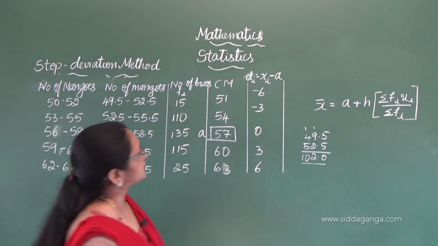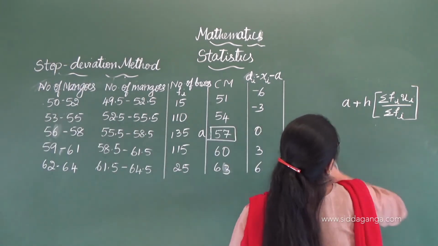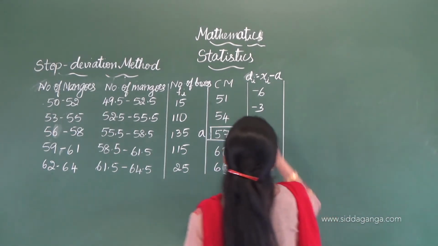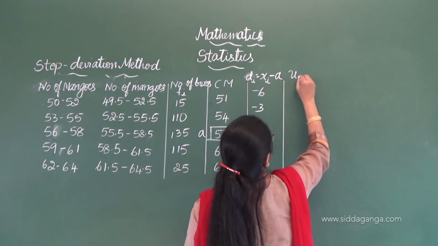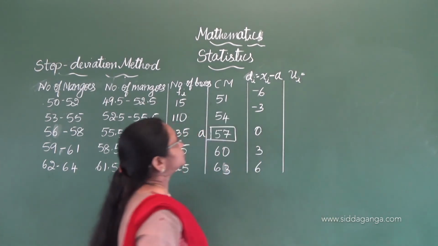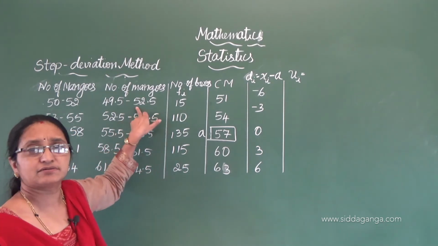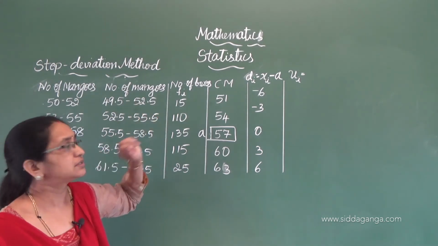Okay, now we got di. Now what is the next step? The next step is ui, which is di divided by h, correct?